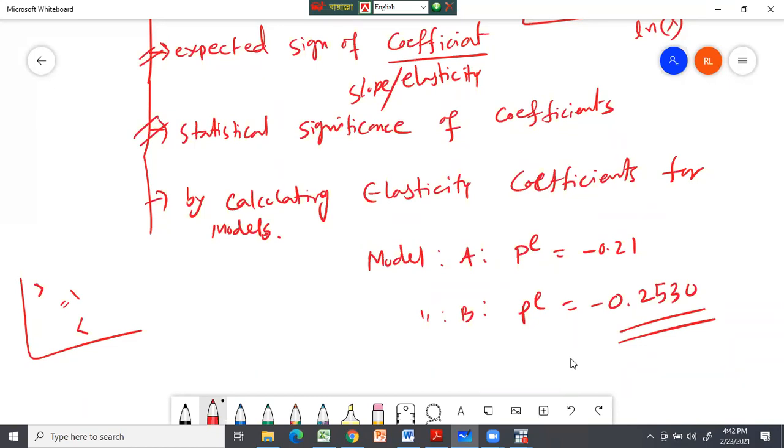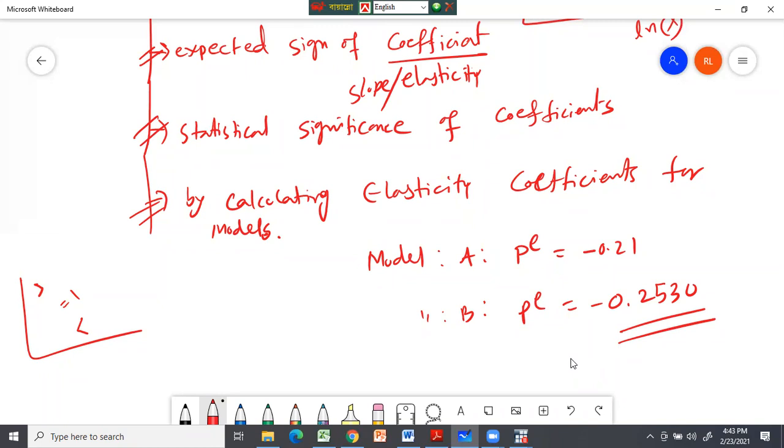So here the last point of discussion is, when you are calculating the elasticity coefficient for both models, the model which is showing the higher elasticity would be the good model, or the preferable model compared to the other. So here, for model A, when you have calculated the price elasticity, it is found to be -0.21, and for model B, it is already given as -0.2530.